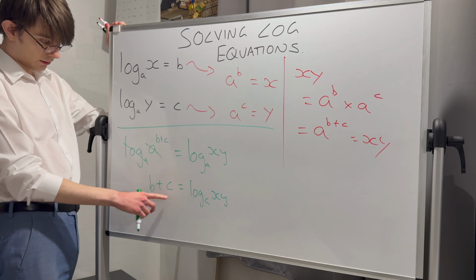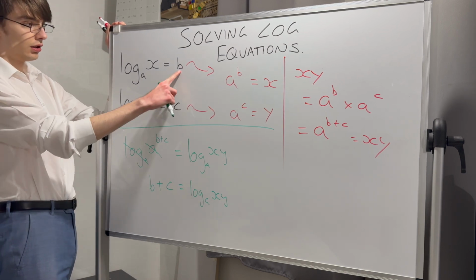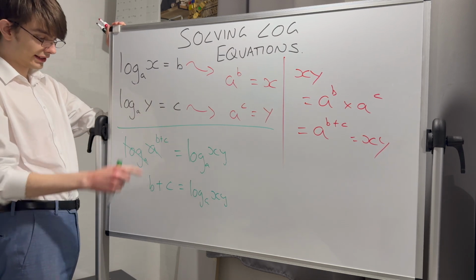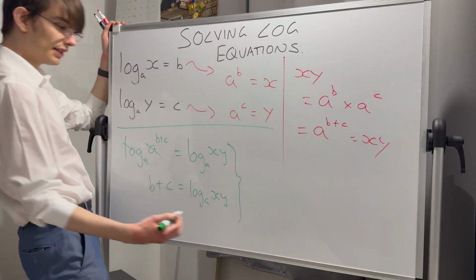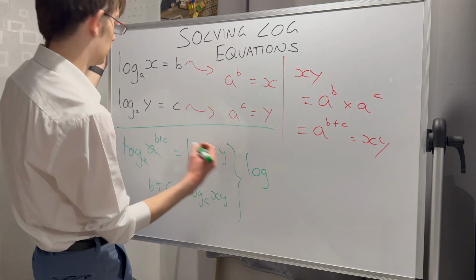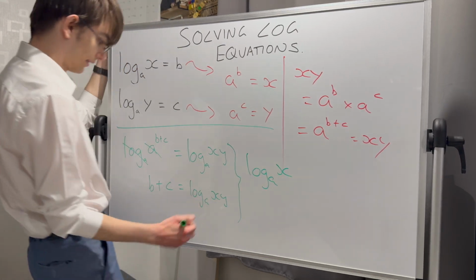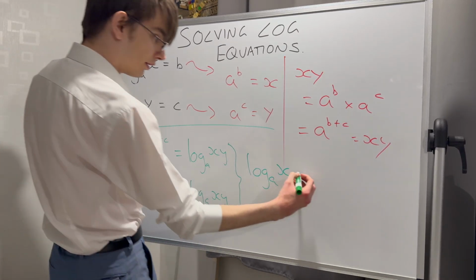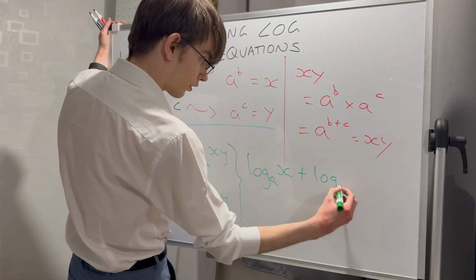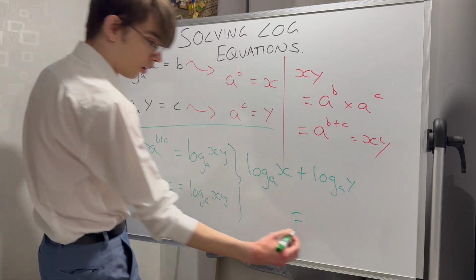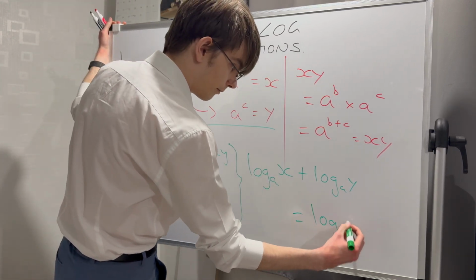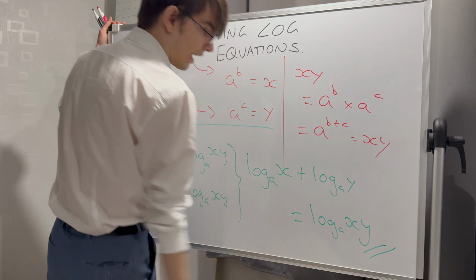And, well, b plus c, this is b, and this is c. So, b is this, log base a of x. c is this, log base a of y, and that is equal to log base a of xy.